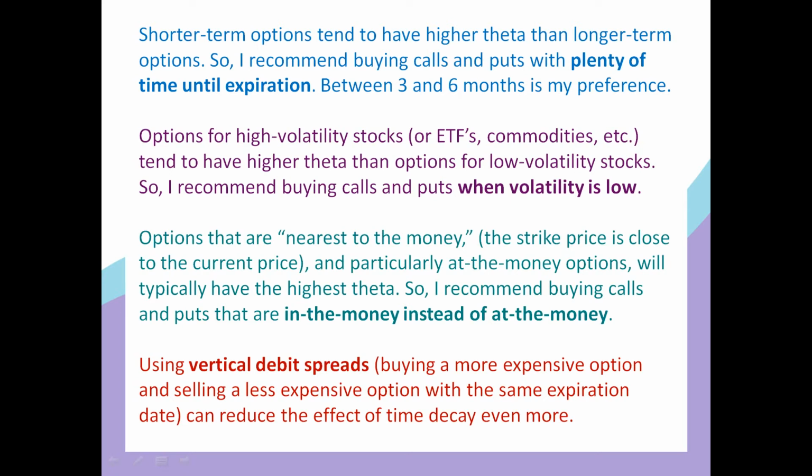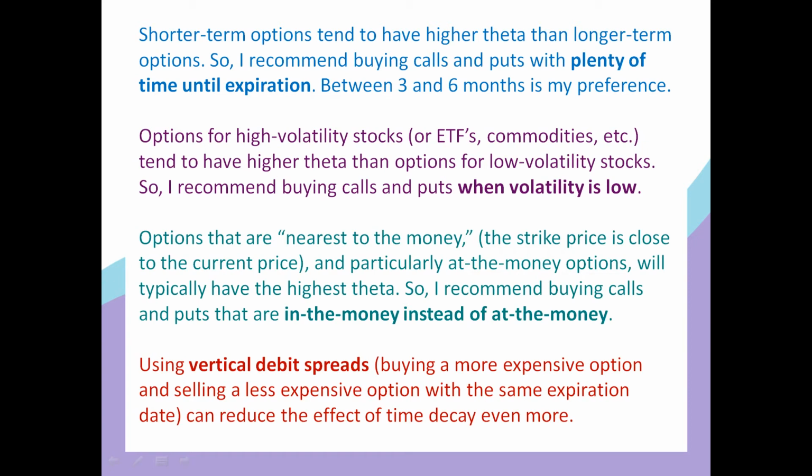And the further in the money, really, the better, within certain limits. You don't have to go too far into the money, but if you can go a couple of strikes in the money, that can reduce the theta, which will benefit you as an options purchaser or owner. At least in the money can be better than at the money.